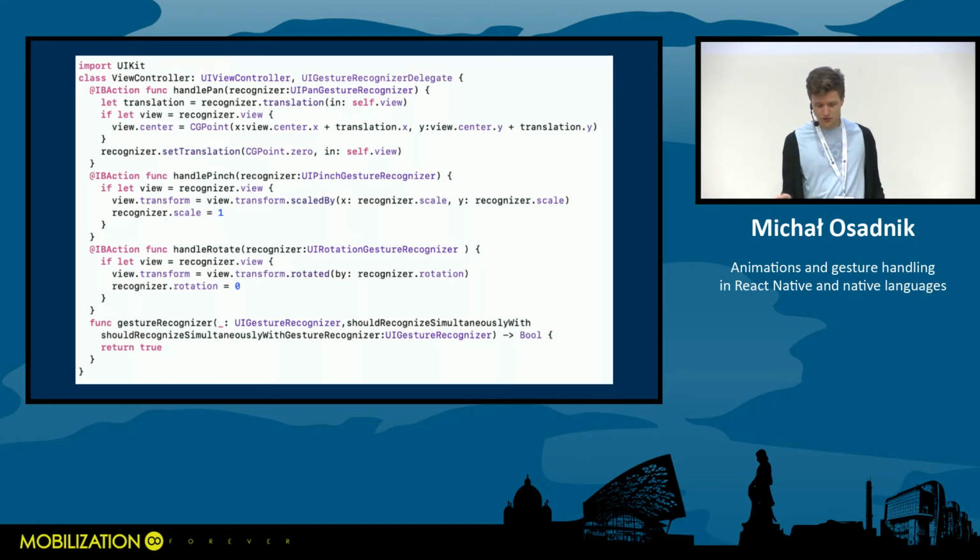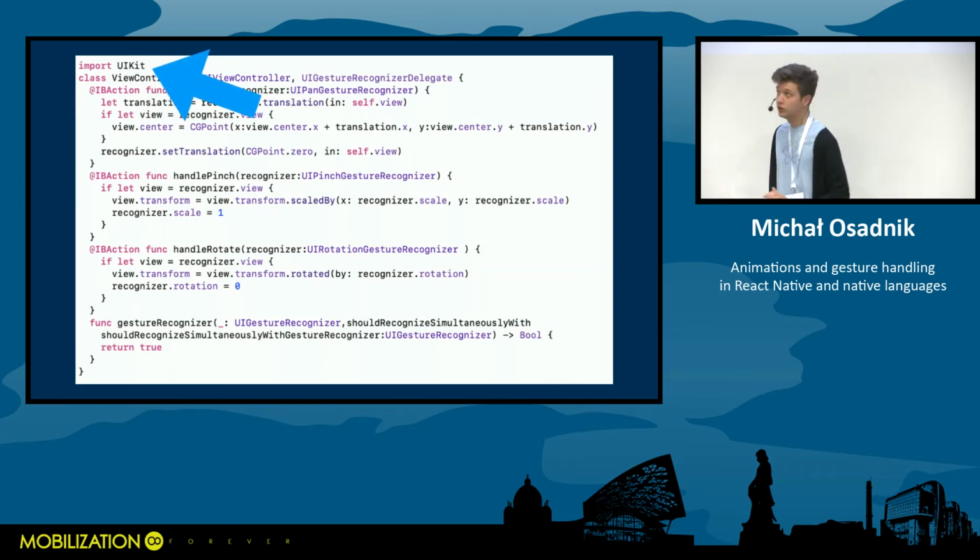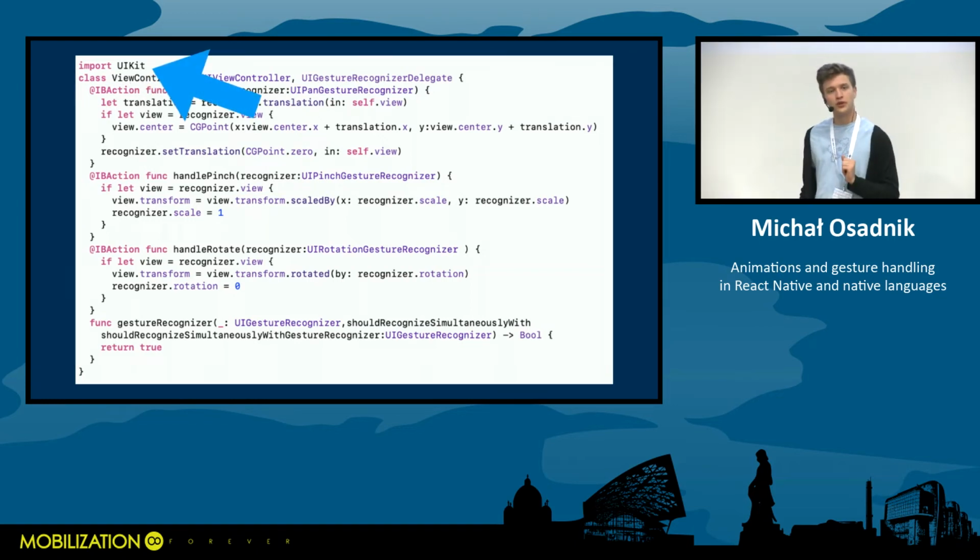So these methods, as you can see, are referring to pan, pinch, and rotation gesture recognizers. And well, I don't want to really delve into this code, but it's all possible via a great tool, which is UIKit. UIKit is a great thing for iOS, and it is a reason why iOS feels so good, why all the iOS gesture ecosystem is so coherent.